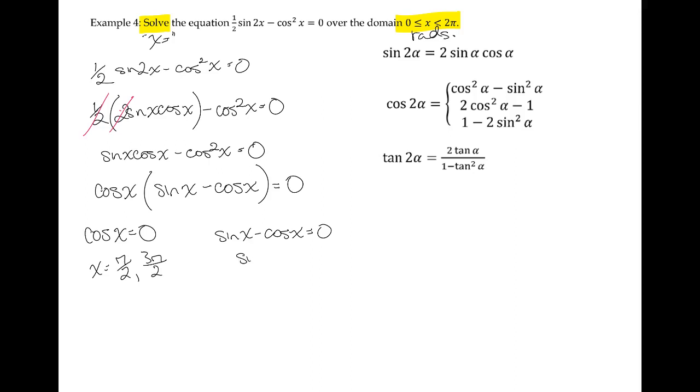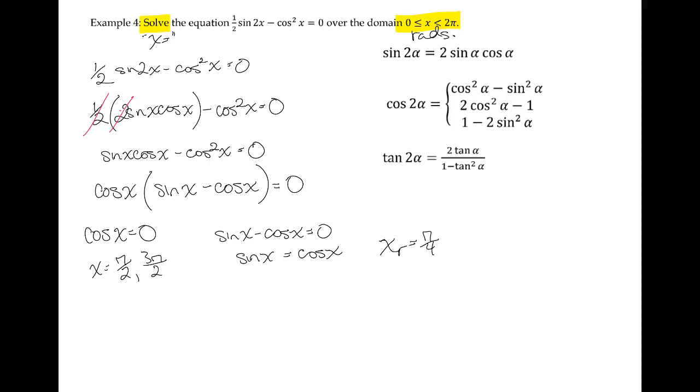So I'm going to rearrange it. And sine and cos are typically equal when my angle of reference is pi over 4. And this happens when they're both positive and they're both negative.